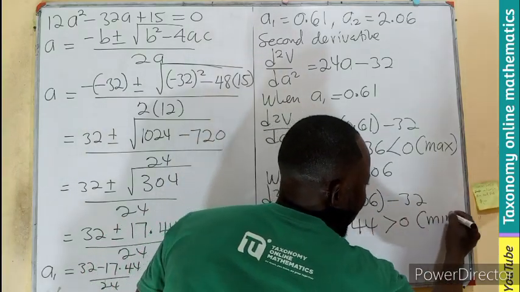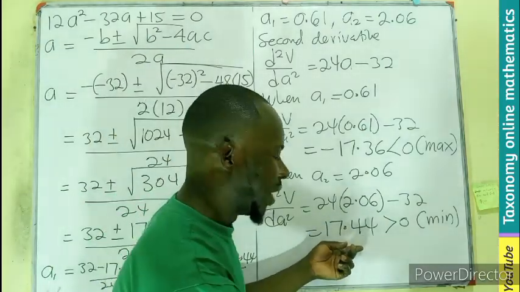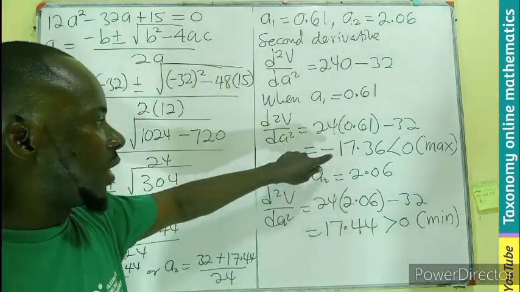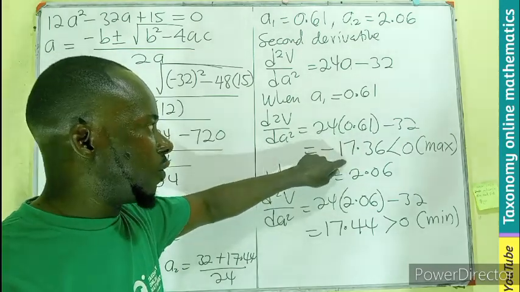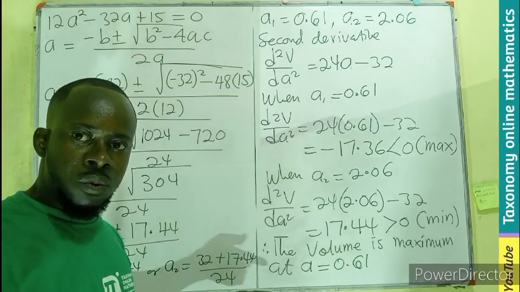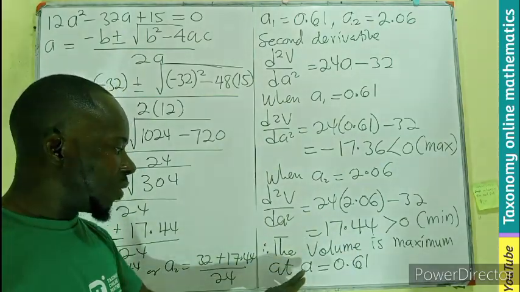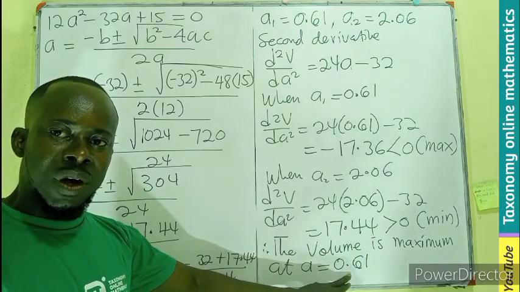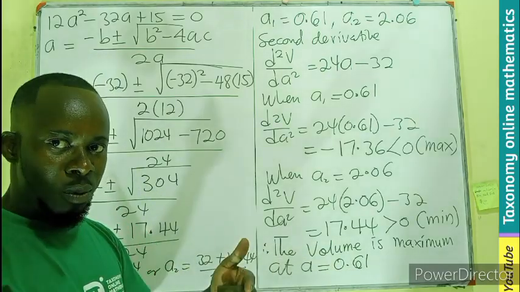So that gives us the minimum point. So if this is the minimum point, then we are going straight to the maximum. Not this value, but what value of A gives us that. That is it. So all we can say from here is that the volume is maximum at A equals 0.61. That is where the volume is going to be.